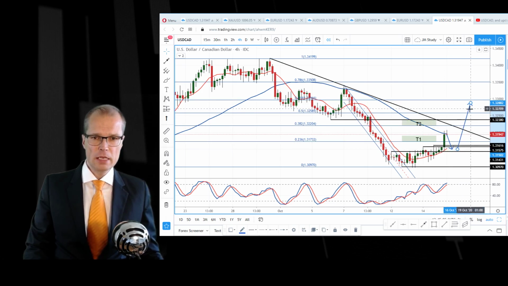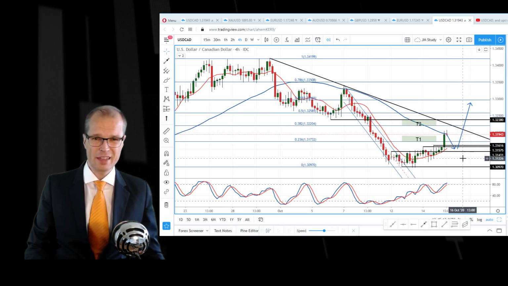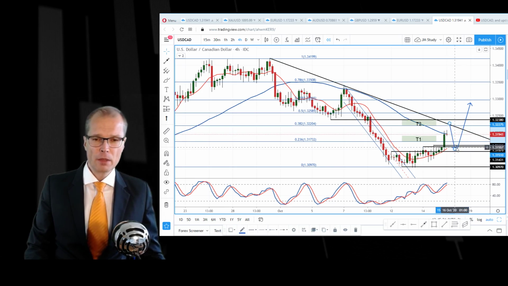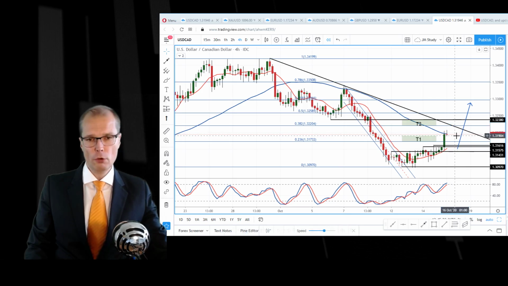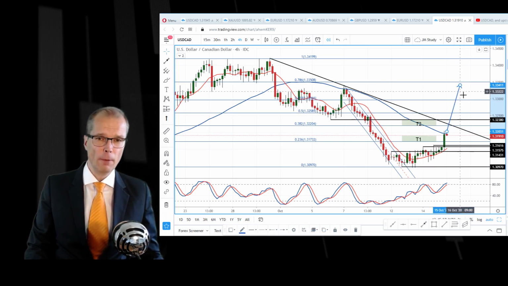If this is going to take place, and all of this is just speculation about the future, we're not saying that this is what's going to happen. The price could go first to target 2 and then retrace back here. The price could also obviously just go to target 2 and keep on going further.